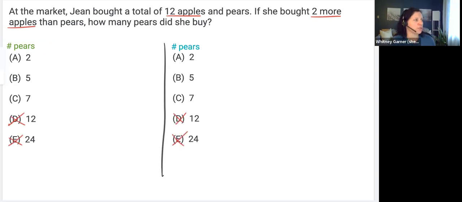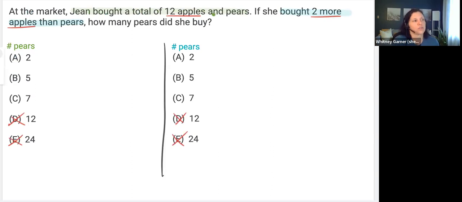So I have 2 different relationships that relate pears to my other unknown in the problem, which is apples. I have the fact that Jean bought a total of 12 apples and pears, or I have the fact that she bought 2 more apples than pears. It doesn't actually matter which relationship I start with. I'm going to pick whichever one mathematically seems easier, and I'm going to do it both ways.